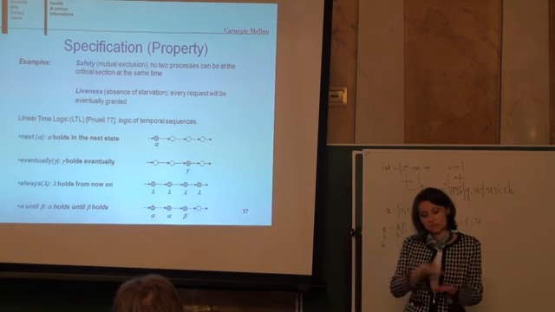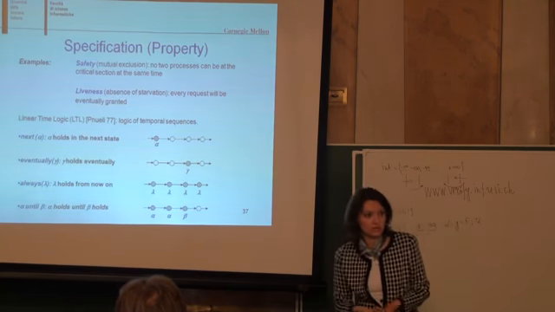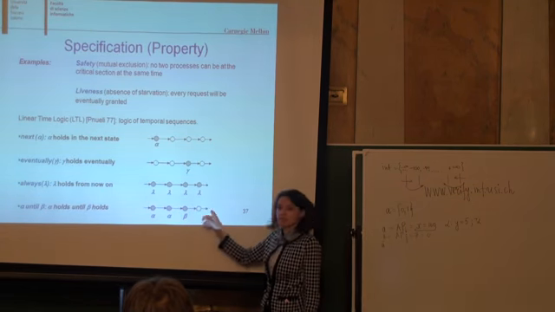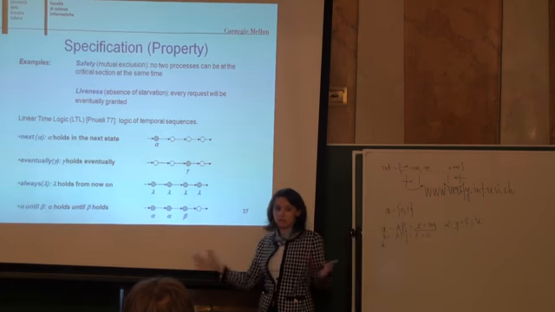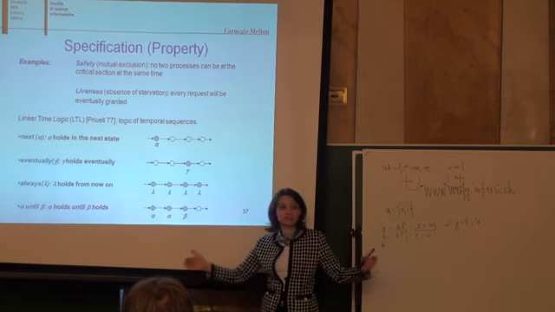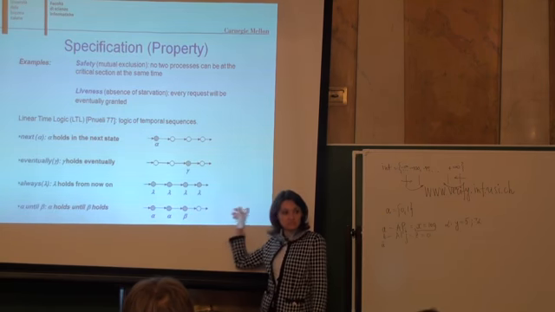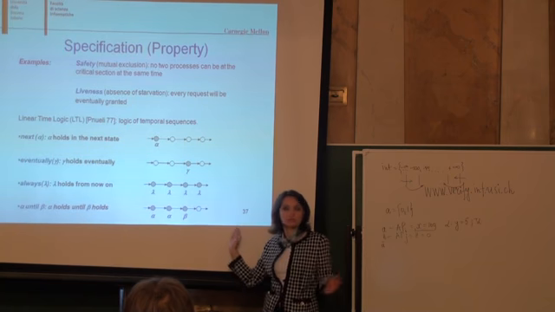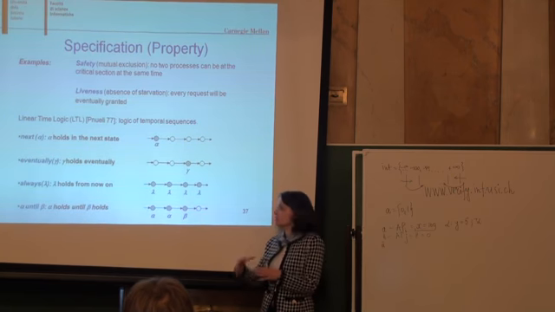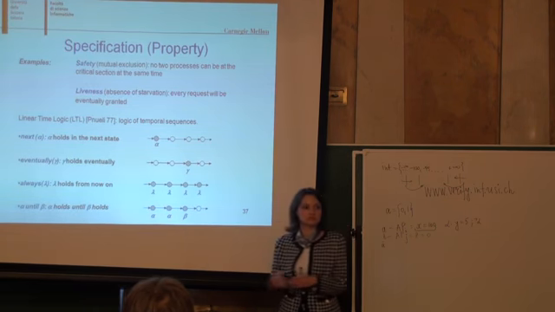Because if I start reasoning about time explicitly, it becomes extremely difficult, because I have to encode time as a separate state. And time, unfortunately, is infinite, and it has a very large domain. So it means my system specification would just blow up on me. So I'm trying to avoid reasoning about time directly by this indirect meaning of temporal sequences.